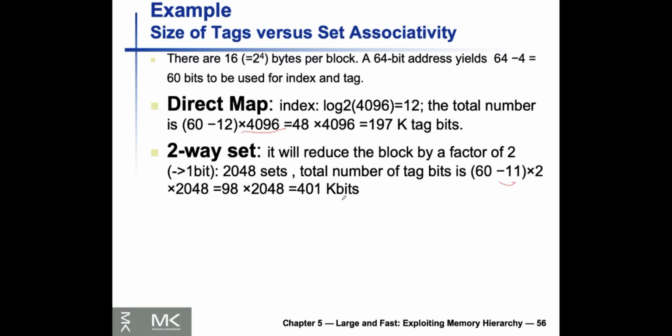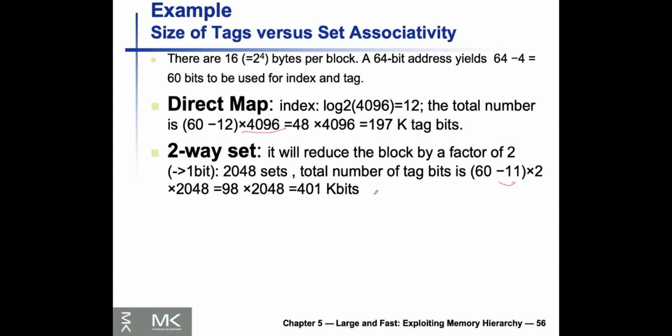So what changed is that instead of multiplying 48 by 4096, you are multiplying 49. Sorry, because 60 minus 11 is 49. Now 49 by 4096, and that would increase the tag bit size, okay?